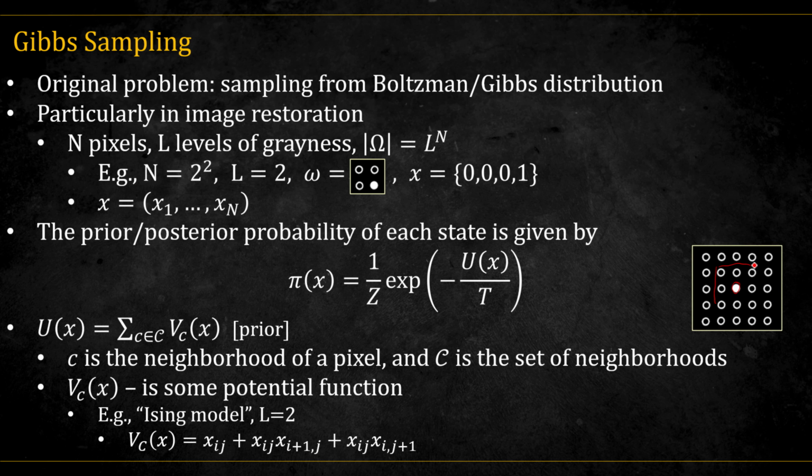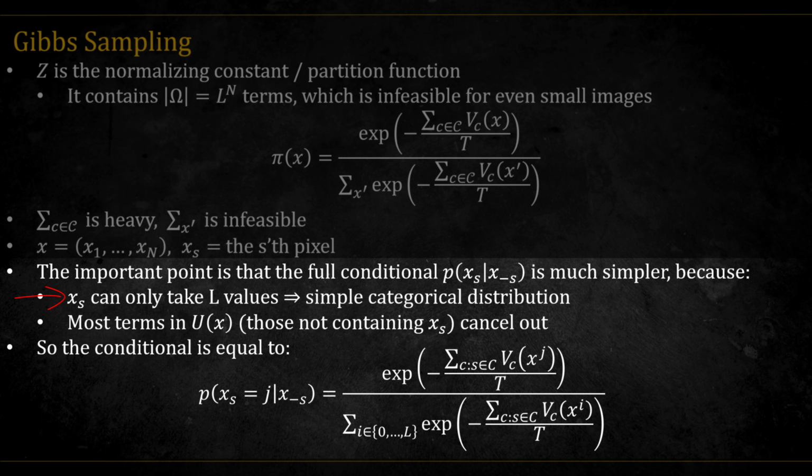If we move to the full conditionals, meaning we look at a single pixel at a time, then each pixel can only take L values, which results in a simple categorical distribution. Also, most terms in the energy function, those not containing x of s, will cancel out between the numerator and the denominator. So we don't need to consider all the pixels, only those in the surrounding neighborhood.